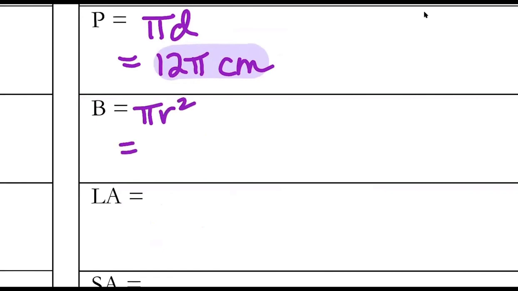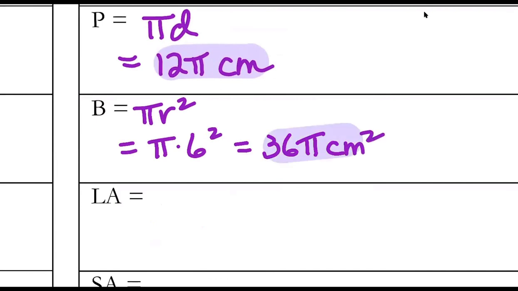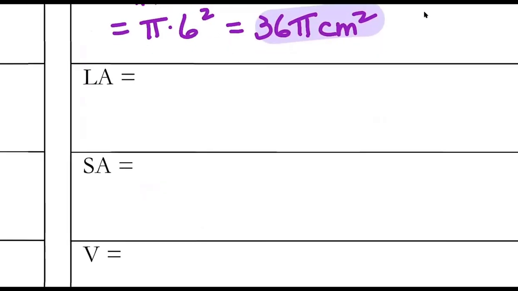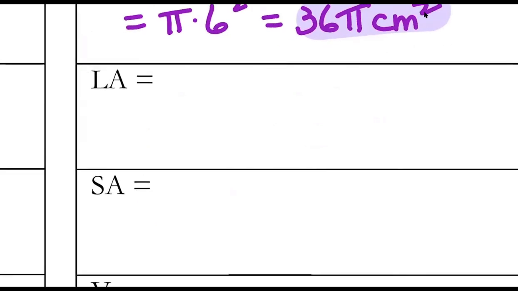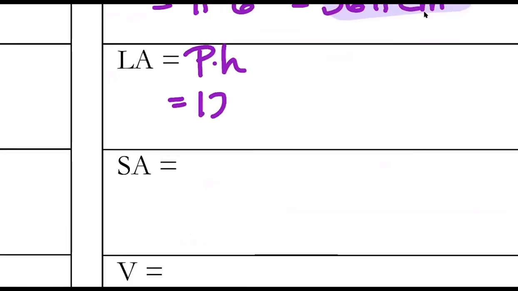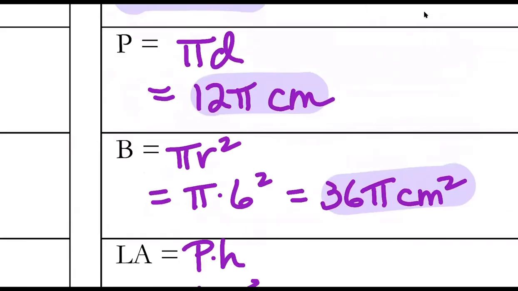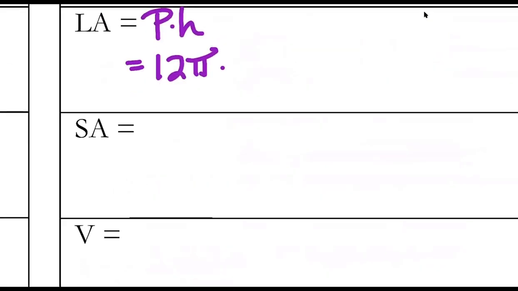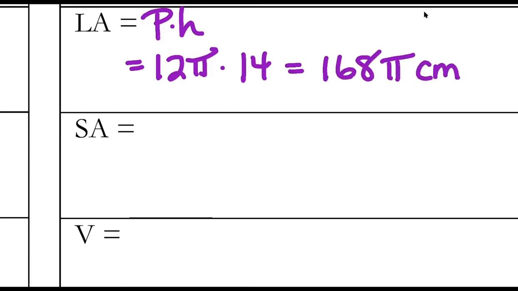So that's pi times 6 squared, 36 pi centimeters squared. Lateral area, perimeter times height. The perimeter was 12 pi. The height is 14. 168 pi, and that would be in centimeters squared.